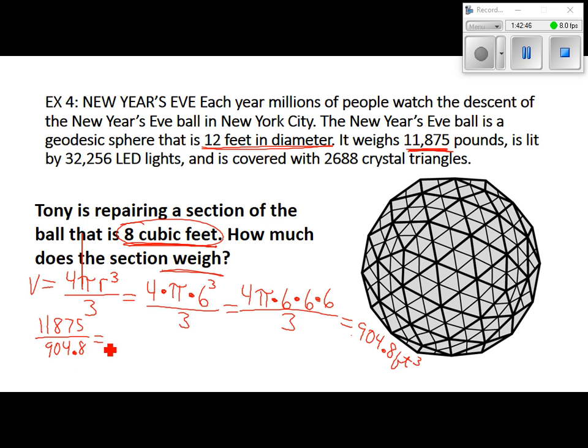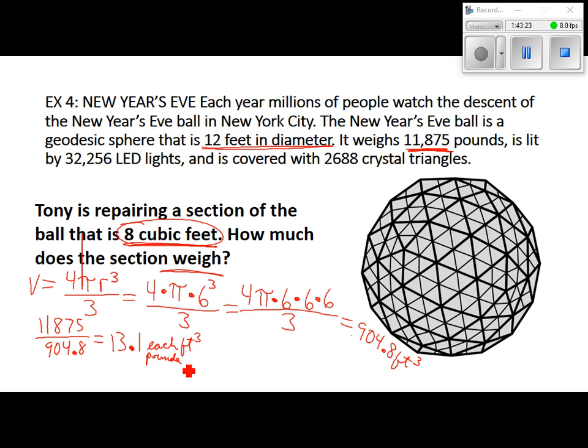So grab your calculator, 11,875 divided by 904.8, and I end up with 13.1. What that's telling me is that each cubic foot, so each foot cubed, weighs about 13.1 pounds.